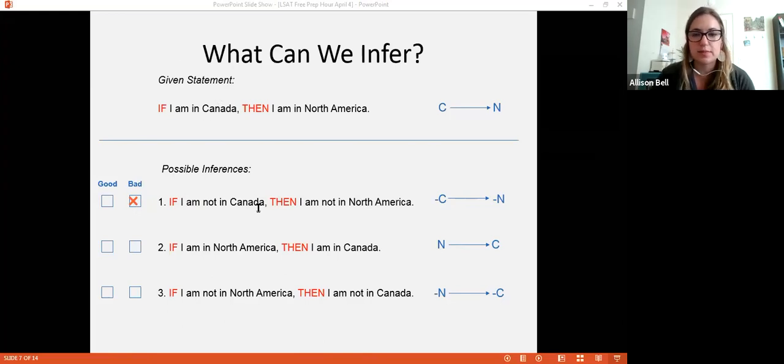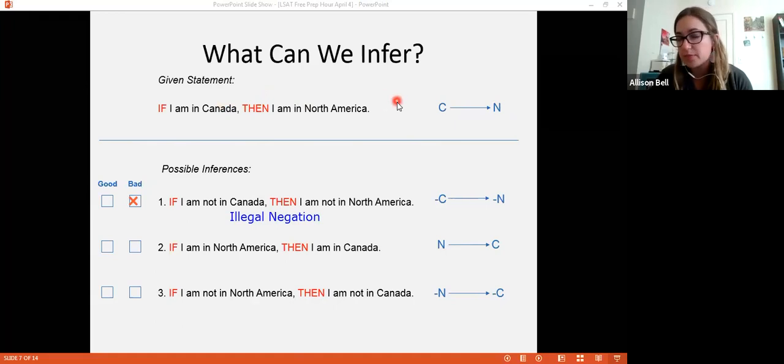This is an example of what we call an illegal negation. Check out the relationship between this bad inference and our original statement, which was true. If I am in Canada, I'm definitely in North America. So this was true, but just because this was true didn't end up meaning that this was true.